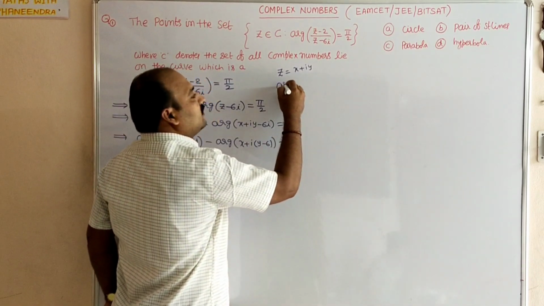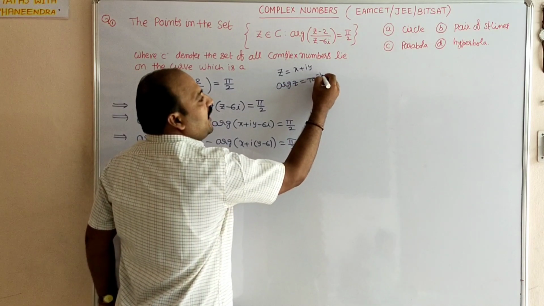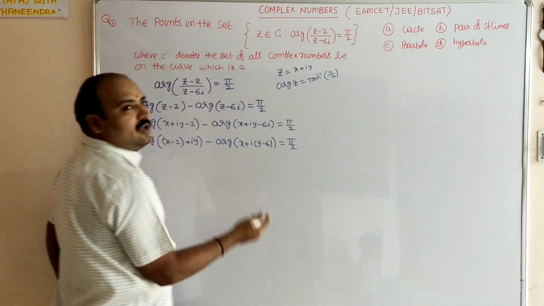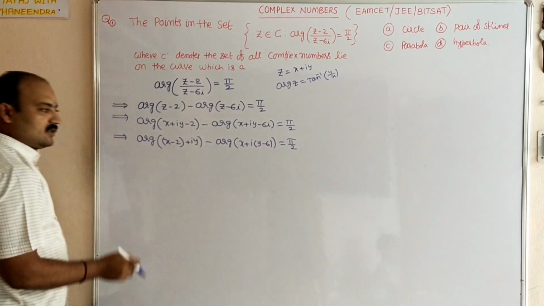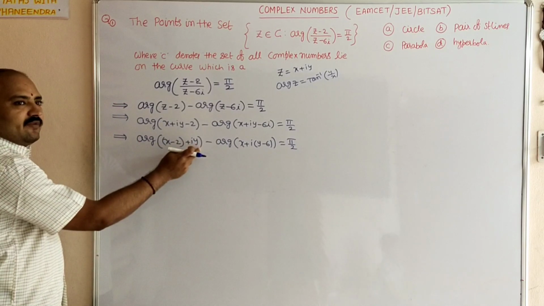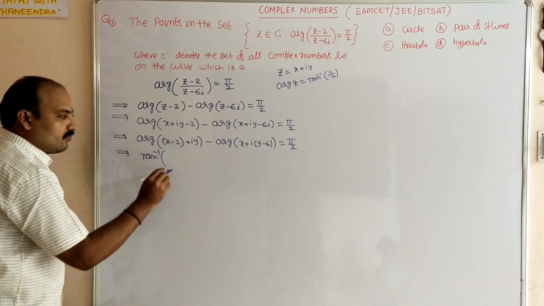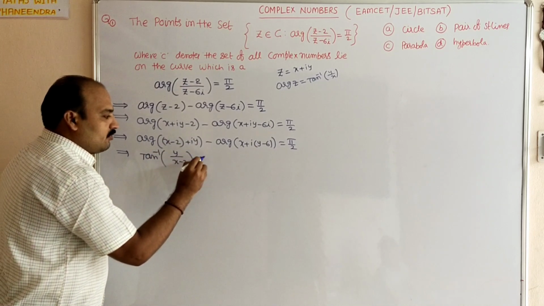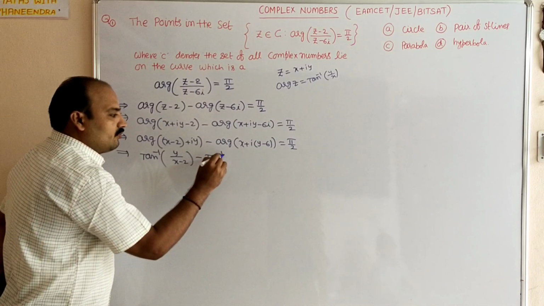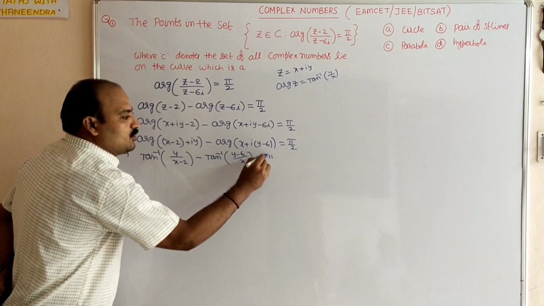Argument of z is tan inverse of y by x, if z is equal to x plus iy. So we can write it as tan inverse of y by (x minus 2) minus tan inverse of (y minus 6) divided by x equal to pi by 2.